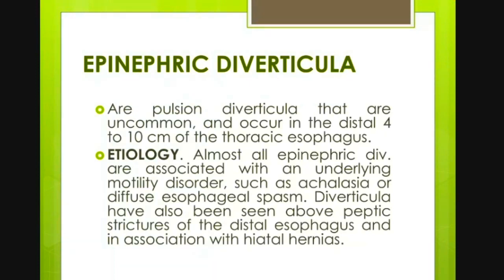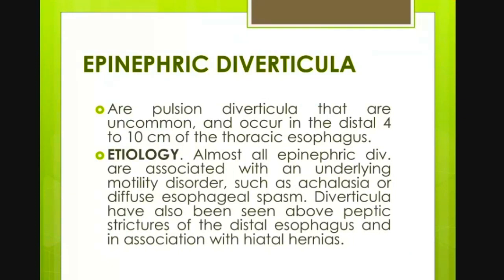Etiology of the epiphrenic diverticulum is associated with an underlying motility disorder, maybe associated with achalasia. This is a more common cause of this diverticuli, or due to diffuse esophageal spasm that shows a corkscrew-like appearance.